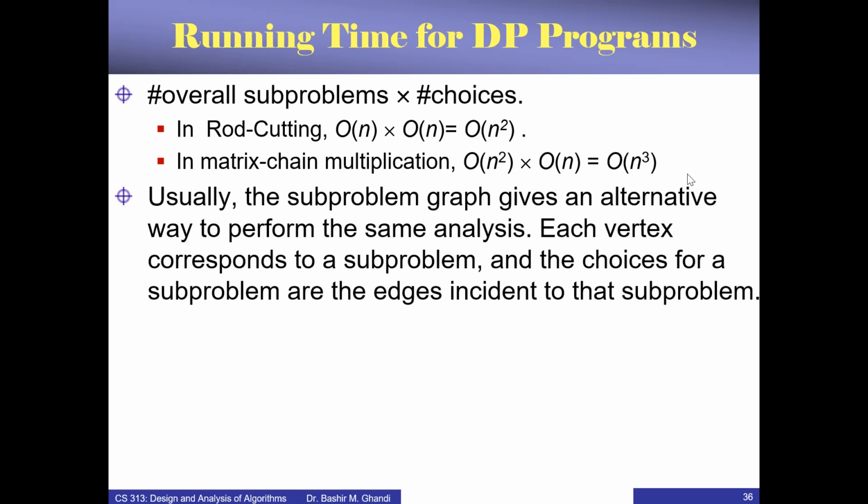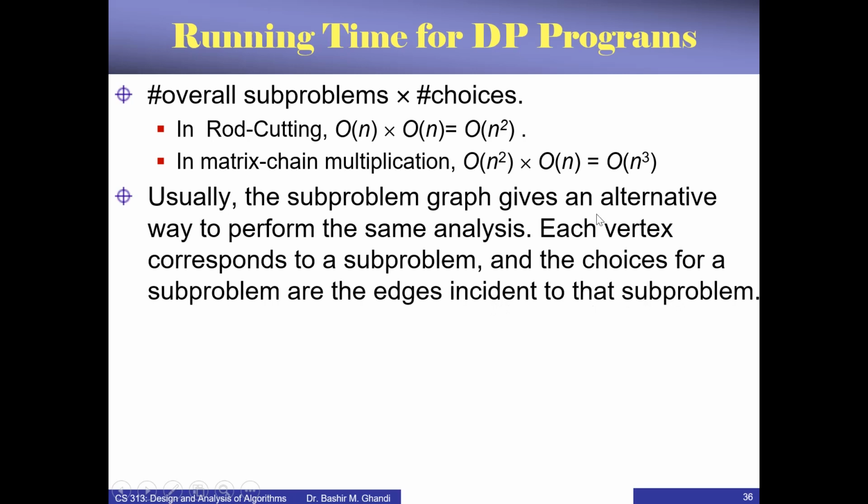Usually you also have another option to determine the running time, and that is by looking at the subproblem graph. Okay, as we remember, each vertex of a subproblem graph corresponds to one subproblem, and the choices for a subproblem are the edges that are incident to that subproblem.